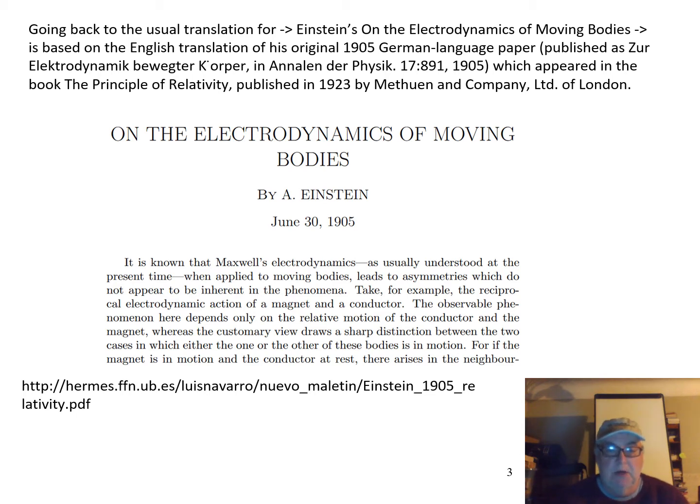It was entitled On the Electrodynamics of Moving Bodies, and this is the article here, published in 1905.